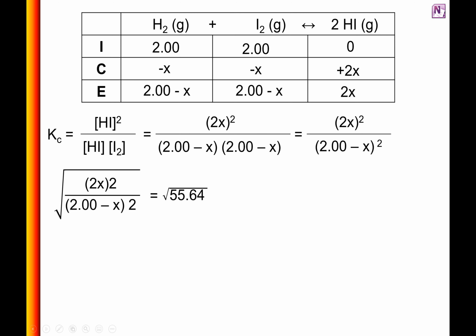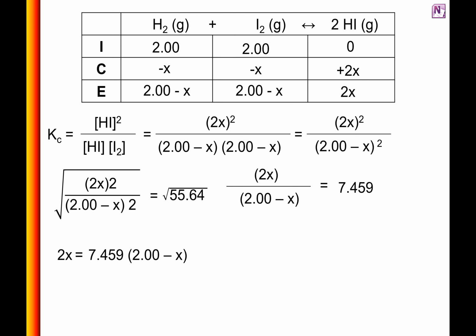Sorry, those should be squares, not just times 2. So the square root of our x terms is equal to the square root of our Kc value. If we take the square root, we end up with 2x over 2 minus x is equal to 7.459. And then we just have to solve for x.